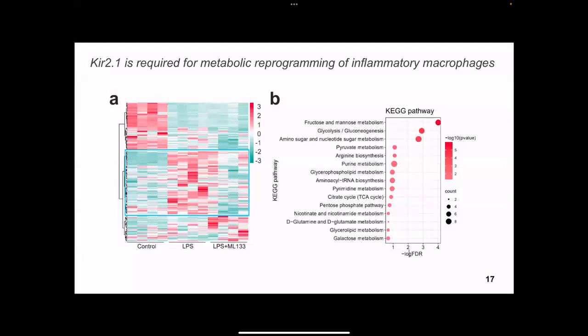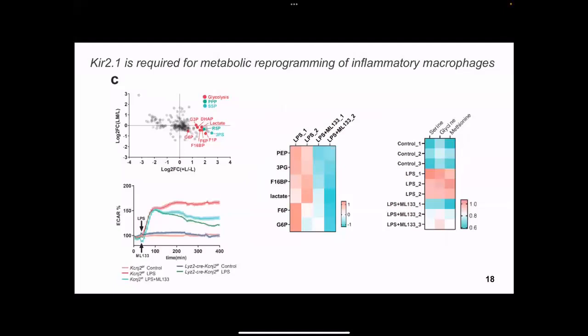Consistent with this idea, we used unbiased metabolomics profiling of LPS-stimulated macrophages, and we revealed that the decreased metabolites represented anabolic metabolism after ML133 treatment, just like the changes in the metabolites affected by increased extracellular potassium or gramicidin. Besides unbiased metabolomics profiling, we also used a targeted metabolomics approach.